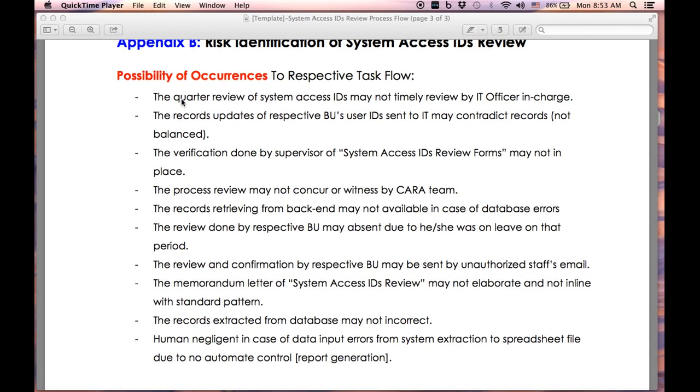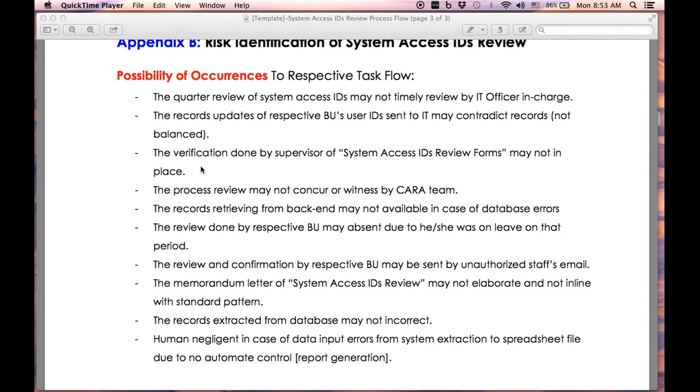The chance can occur, meaning things can go wrong during the process, from one process to another. The record update of the respective BU user ID sent to IT may contradict the record, meaning that sometimes the reconciliation needs to be verified properly before we move to the next step.